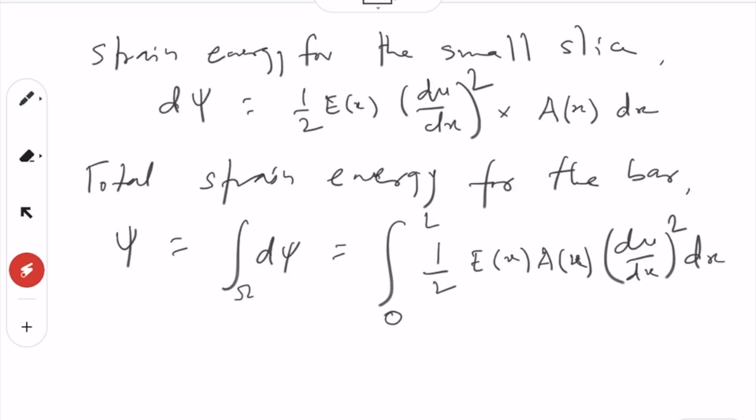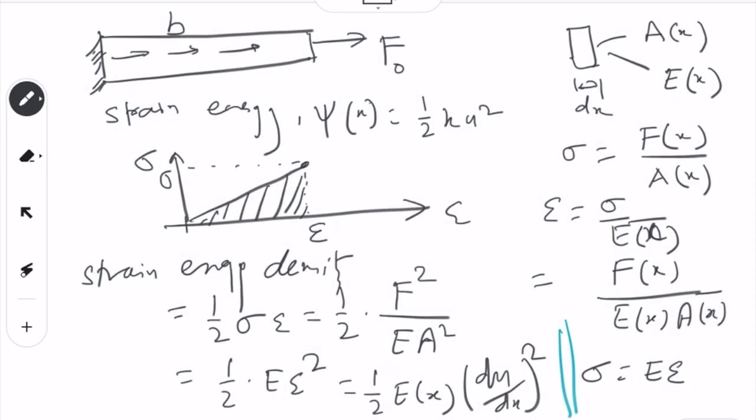Now we have to find out the work done. So what is the work done? There are two kinds of forces. One is the body force that you are seeing here. This is Bx, and then you have U, the displacement here.